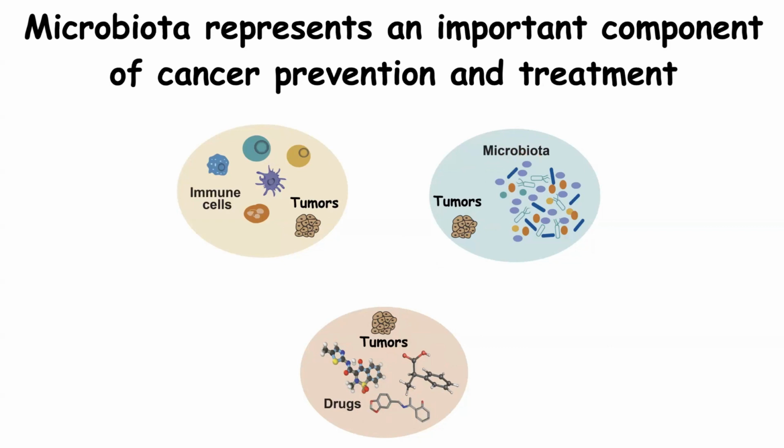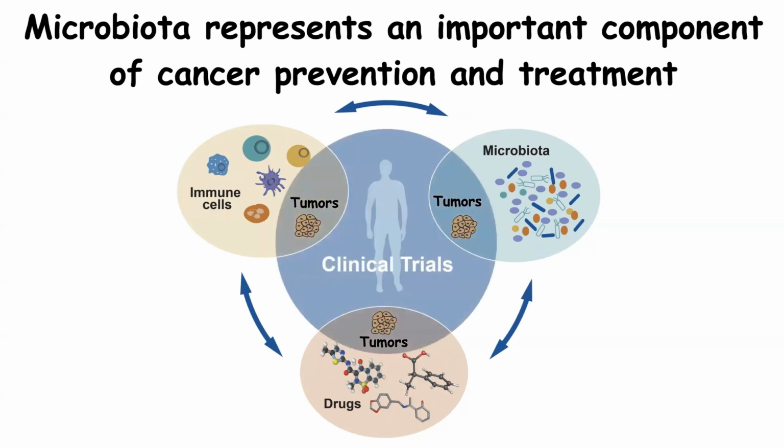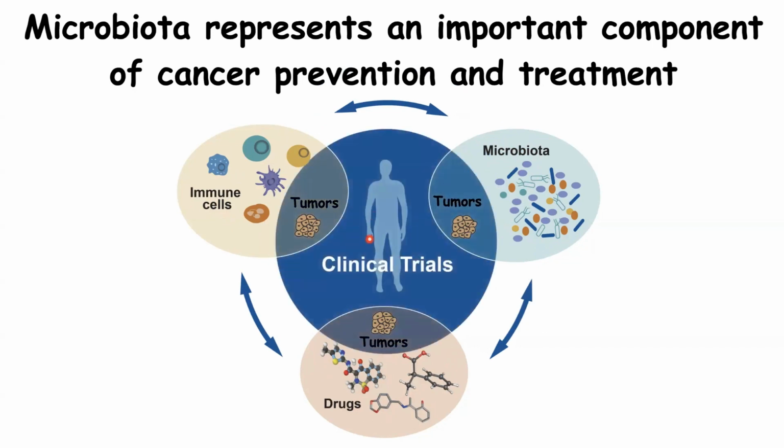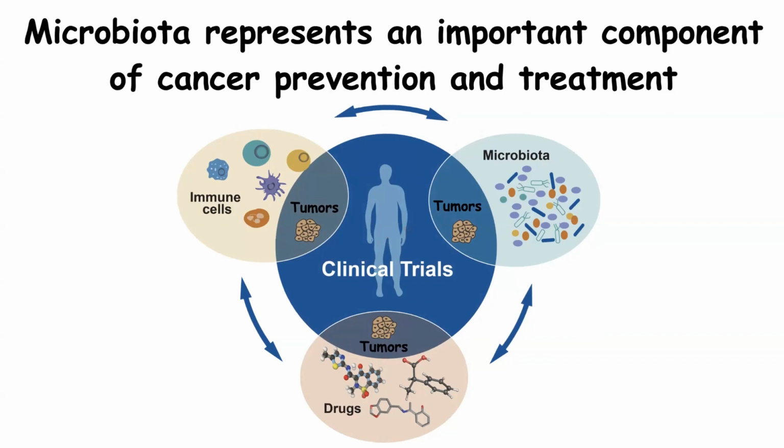But you cannot see this as a silo, because all these are interconnected. Microbiota and immune cells are interconnected. Microbiota and drugs are interconnected. So this interaction is very important to define and build clinical trials to test responsiveness or interaction between microbiome, drug, and tumor responsiveness.